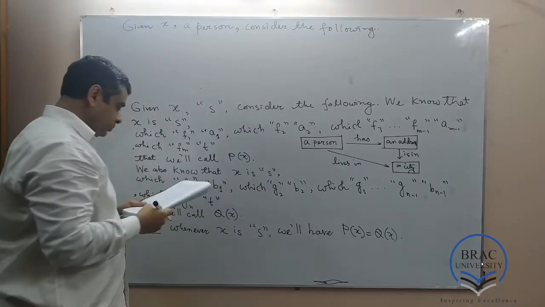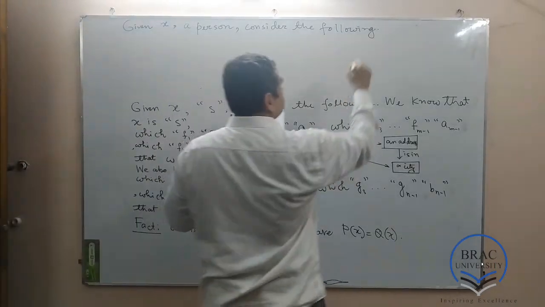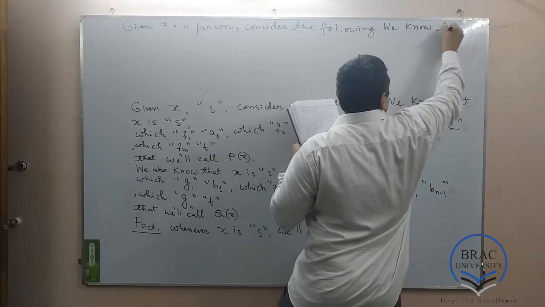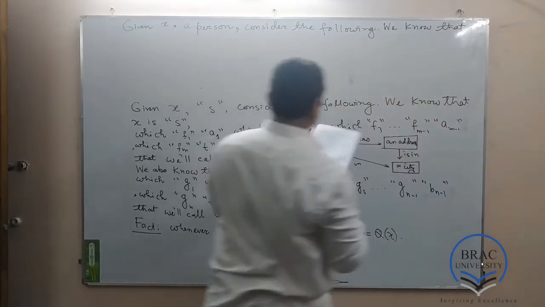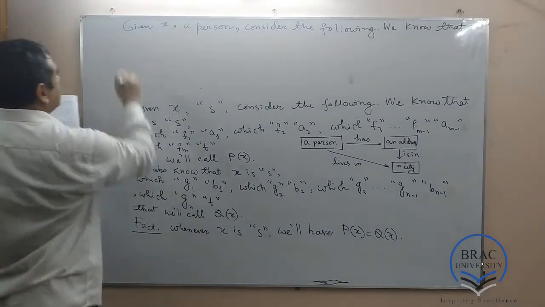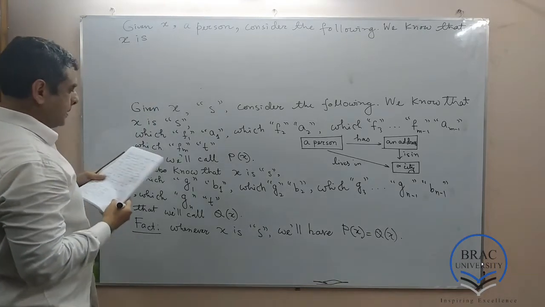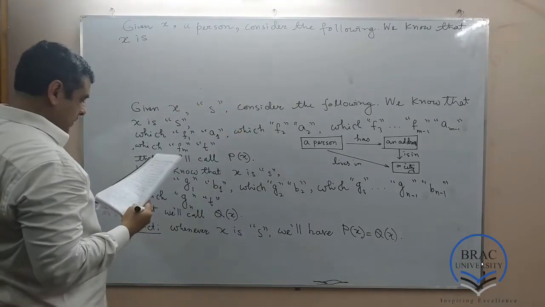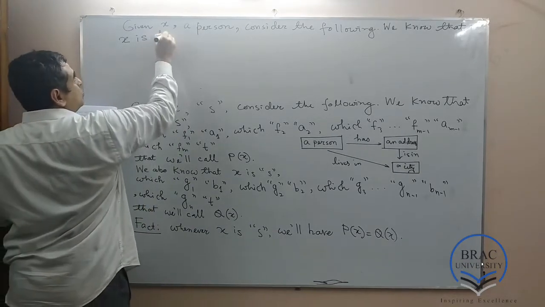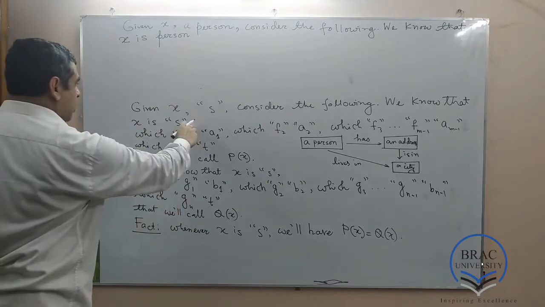We know that x is the source. X is, what was the source? A person. So we know that x is a person. Then, but we have a comma.